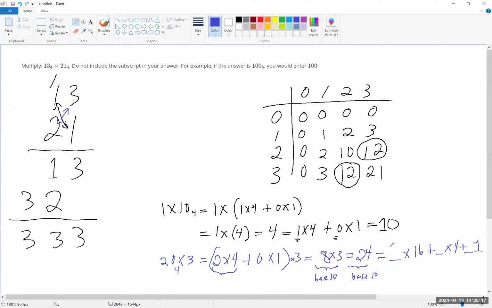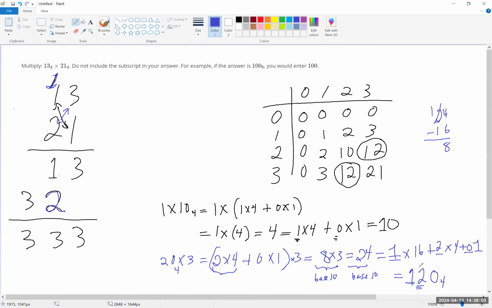So 24 things, there's 1 16 that fits. And we take 24, take away 16. Let's see how much we have left over. It's 8, which means we need 2 of these, and none of these. So it's a 1, 2, 0 in base 4. And that's why we get this 2 here. That's this 2. And we raise the 1, which is this one here.